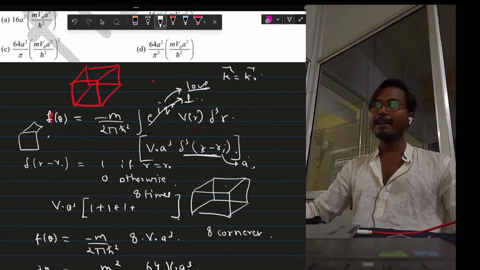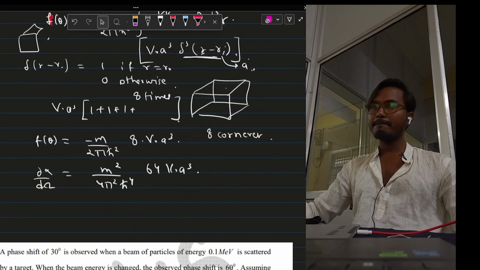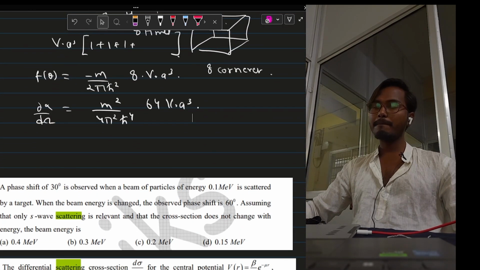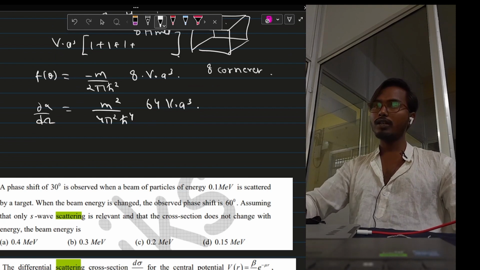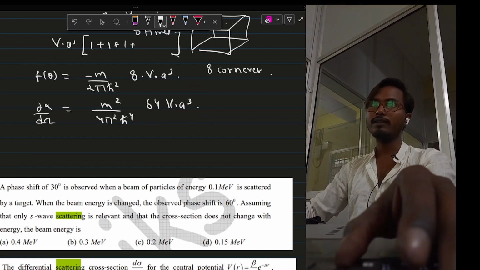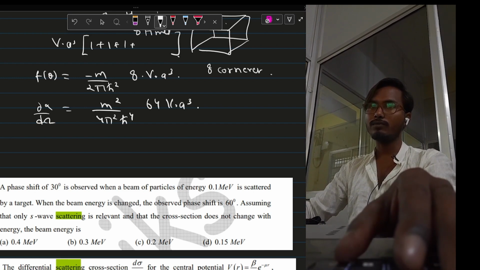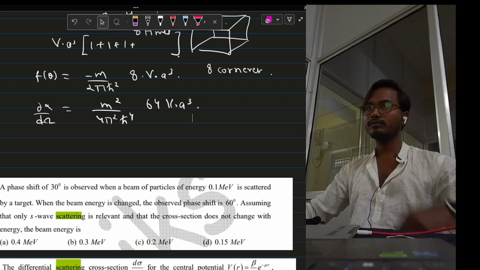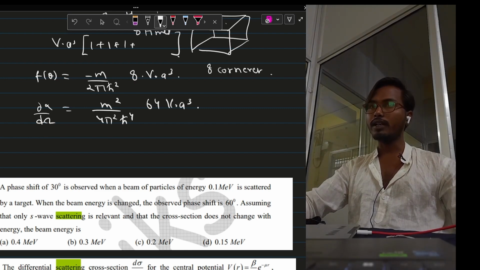Okay, and then we have to take the value of this term. Okay, I have squared here.